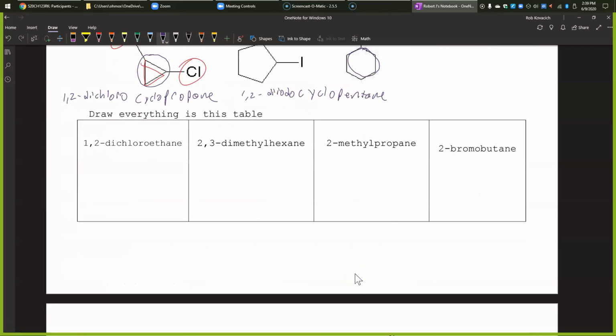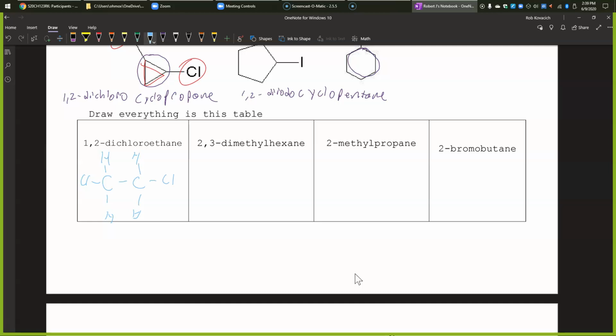All right, so we want to draw stuff here. So I've got 2 carbons, okay? And then I've got 2 chlorines, and one of them's on carbon number 1, and one of them's on carbon number 2. So you could draw it like that, but since it's only 2 carbons, maybe you draw it like this. Something like that.